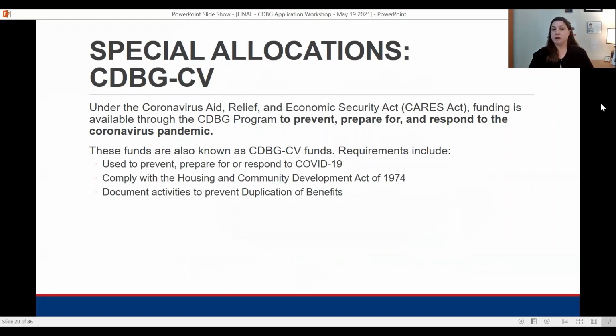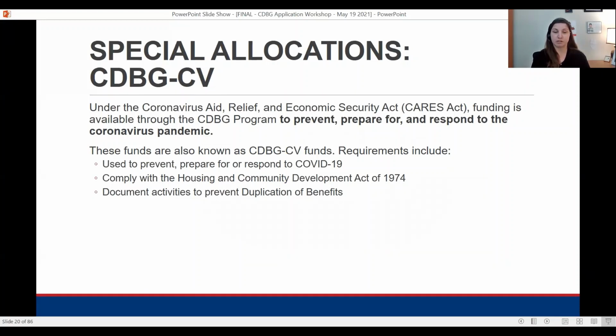As I mentioned, sometimes in times of economic crisis and natural disasters, Congress may include budget line items for special HUD block grant allocations. This occurred in 2020 and 2021 in response to the current COVID-19 pandemic. In addition to CDBG terms and conditions, there are a number of requirements that apply to grantees and subrecipients that receive the CDBG-CV funding.